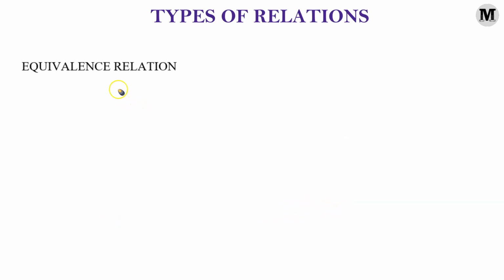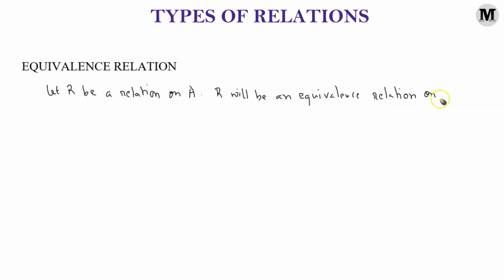Now we are going to end the lecture by understanding equivalence relation. This is not a type of relation, this is more of a property. So let R be a relation on some set A, and this R is going to be referred to as an equivalence relation on the set A if and only if it meets the following three criteria: if R is reflexive, if it is symmetric, and if it is also transitive in nature.